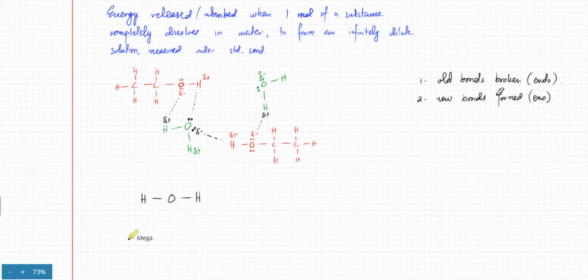Okay, so remember, even if the atom is the same, there are going to be differences if the molecule is different, because all the other atoms that are bonded to it are going to influence this negative charge over here.